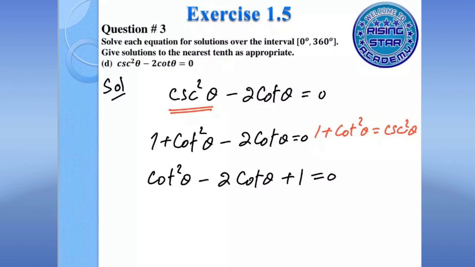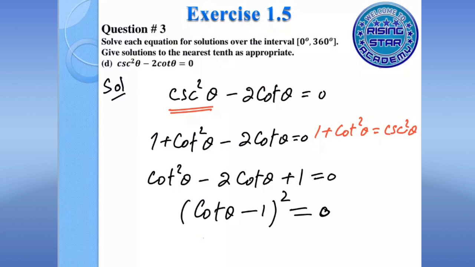Now I have two possible ways. I have the format a square minus 2ab plus b square equals 0, so it can be written as a minus b whole square equals 0. The first way is this one. So if I use this way, I can write cot of theta minus 1 whole square equals 0.